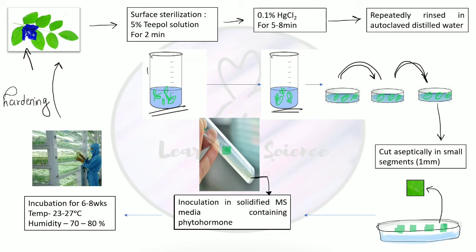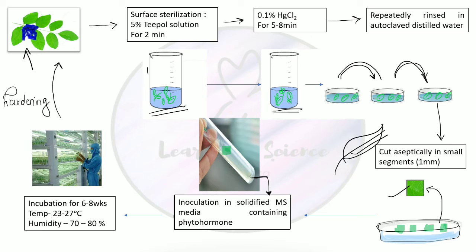Then in the laminar airflow, you are going to cut the plant material to an appropriate size. For example, you can see the plant leaf is cut into square shapes. Why? Because for callus induction, we try to expose every side of the plant material to the media.